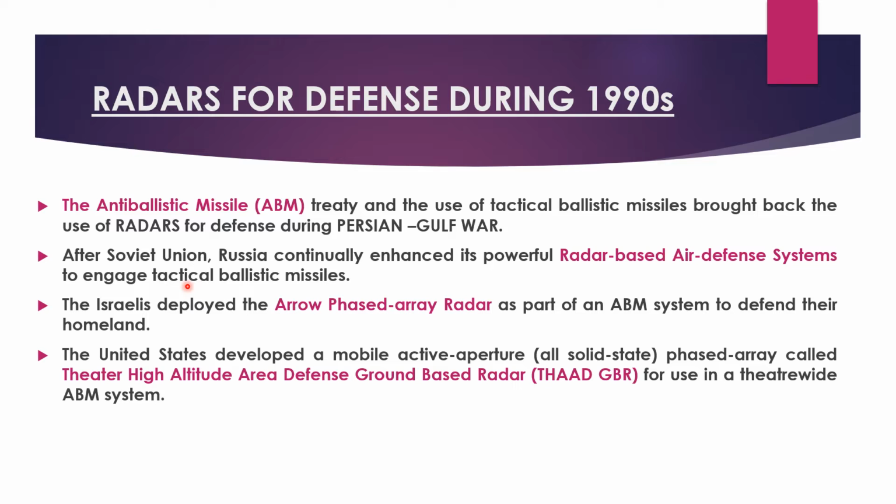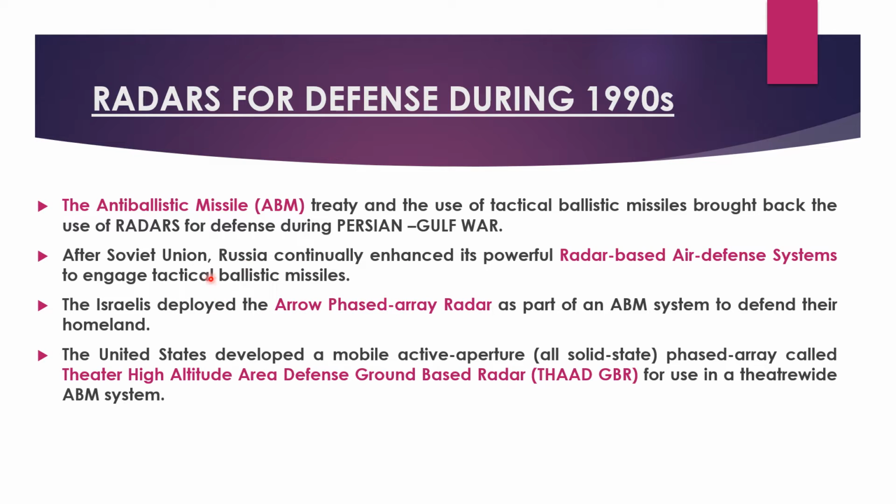So in the 1990s, a lot of global changes took place, because initially the US developed radar technology for war purposes, and after that Russia came into existence in around the 1990s, and it enhanced its powerful radar-based air defense system to engage tactical ballistic missiles.